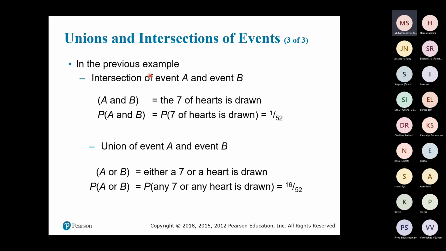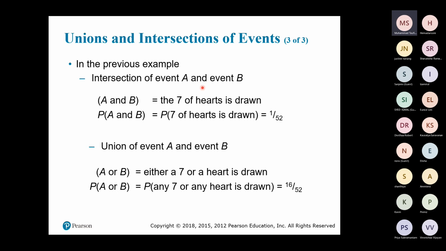Okay, this is an example, based on the previous example, of the intersection of event A and event B. We want to draw a 7 and also a heart.